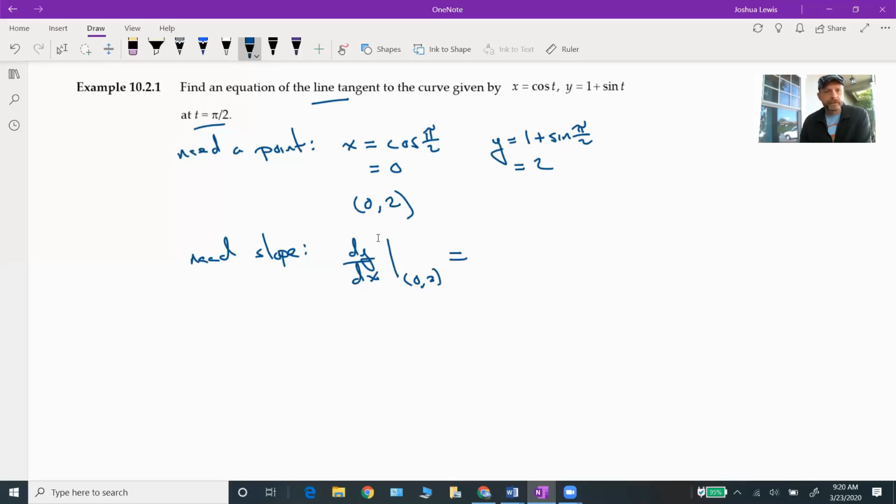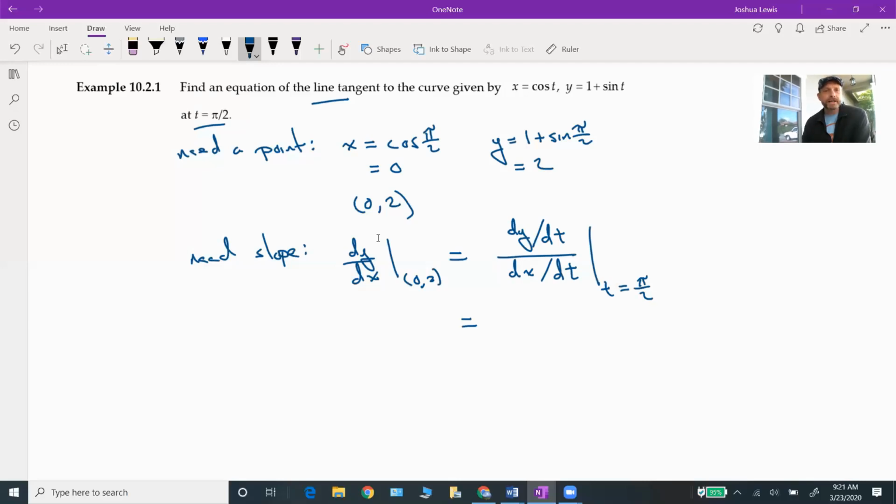That's going to be dy/dt over dx/dt, evaluated at, I'm sorry, not at the point (0, 2), but at t equals pi halves, which corresponds to the point (0, 2).